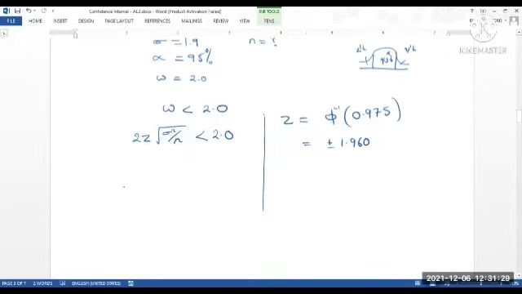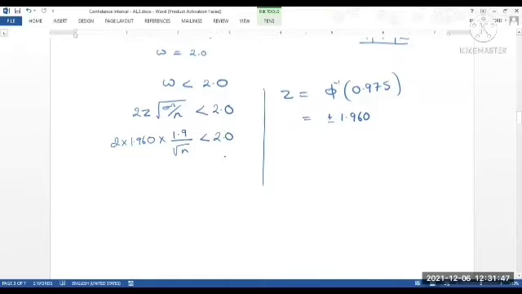All right, so we have now all the remaining other values. So 2 times 1.960 times 1.9 over the root n is less than 2.0. So you can multiply all these values, cross multiply with this root n, and then similarly you can find the value of n.